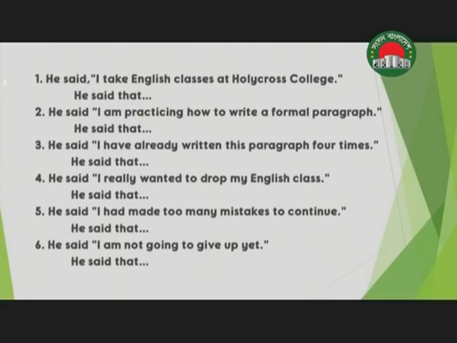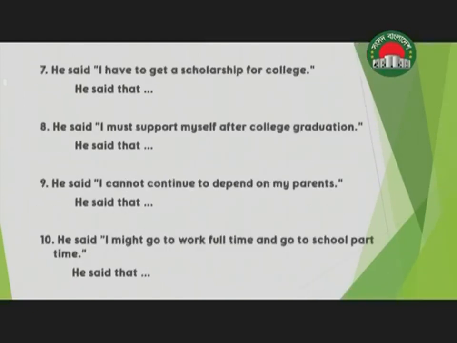Number 4, he said, I really wanted to drop my English class. Number 5, he said, I had made too many mistakes to continue. Number 6, he said, I'm not going to give up yet. Number 7, he said, I have to get a scholarship for college.